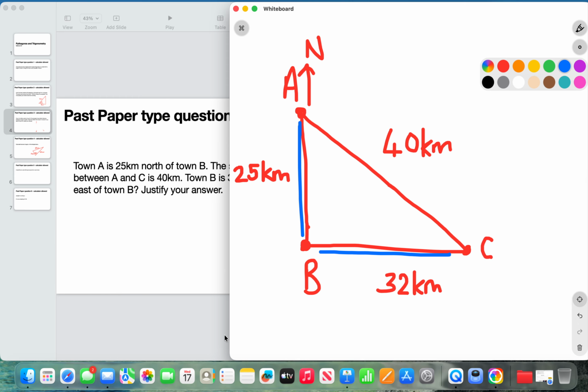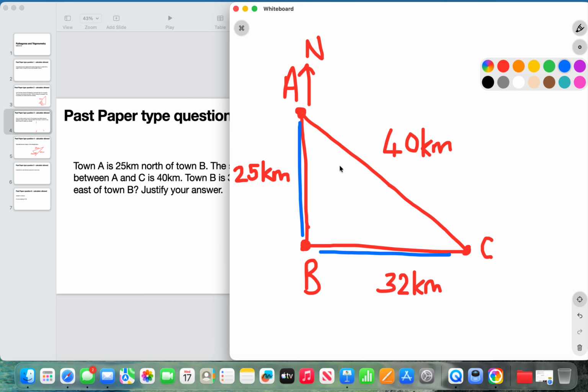But if we have a triangle and we want to find if it is right angled, then we can use what's known as the converse of Pythagoras' theorem. The idea is that you find the square of the hypotenuse, or we won't call it the hypotenuse because we don't know if it's right angled, but we'll call it the longest side.